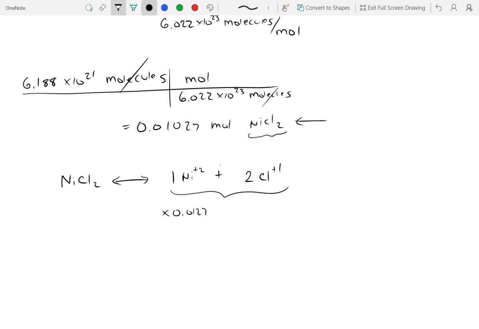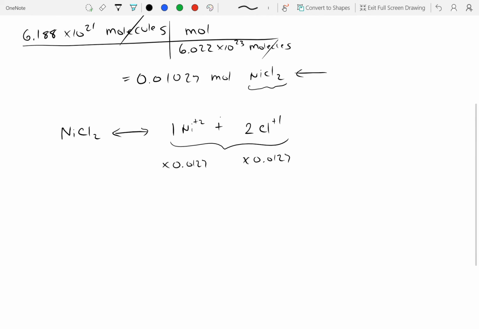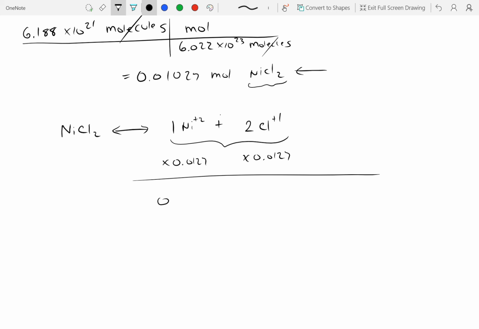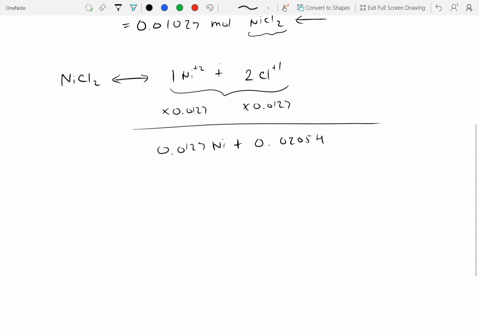So what that means is I have this times 0.01027, and I have this times 0.01027, and so what I have is 0.01027 of nickel ions floating around, but I also have my chloride ions floating around, so 2 times 0.01027 is 0.02054, and so the total amount of ions that I have floating around, which means nickel ions and chloride ions, is just the addition of those.